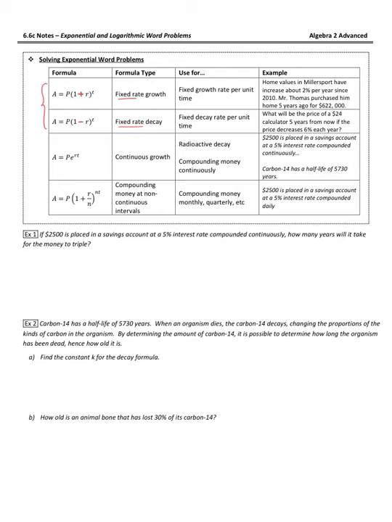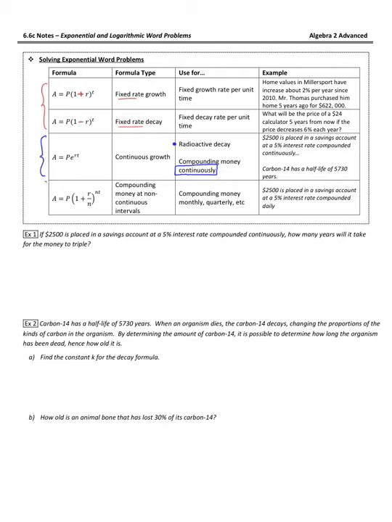And then we had the PERT, which is what we use whenever you see the word compounded continuously. But today you're also going to see it with respect to radioactive decay. We will be using this formula.